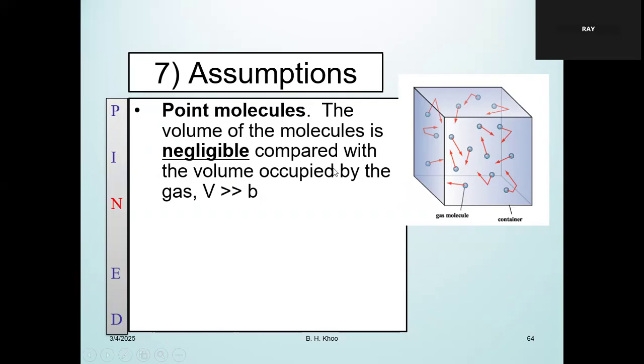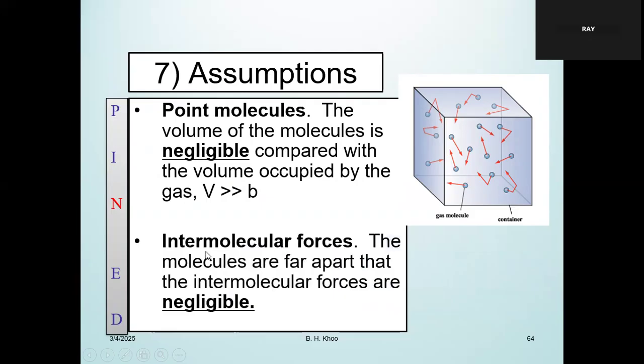You look at all these molecules, combine them together, push them into a volume. The volume is very small compared to the volume of the container. So it means that the particles are very far apart. If they are very far apart, I for intermolecular forces: the intermolecular forces are negligible.